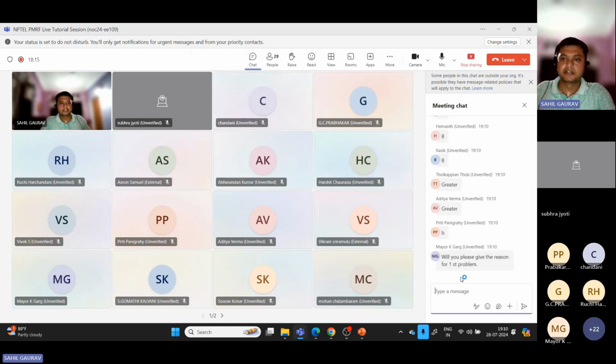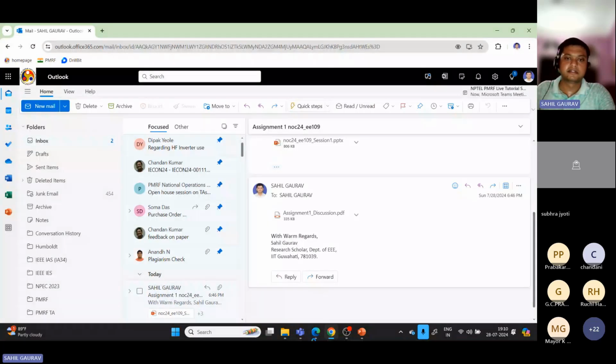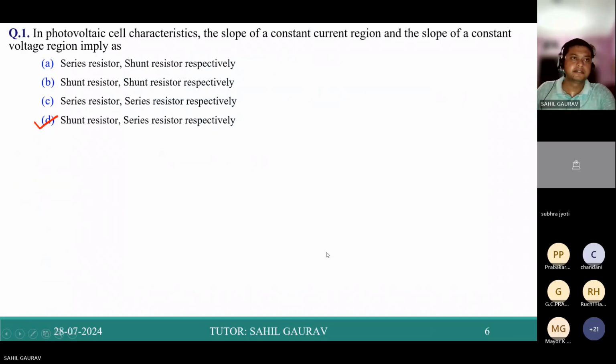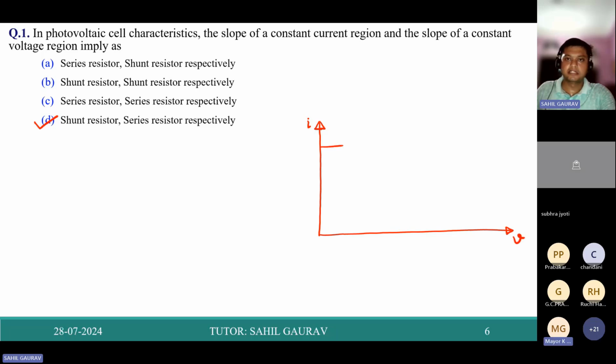If you see the IV curve of a solar PV module, it is something like this.